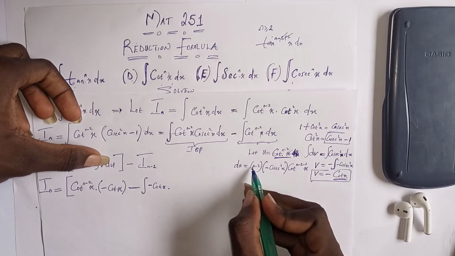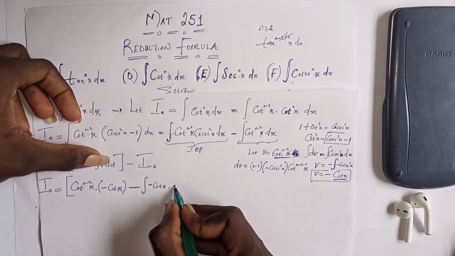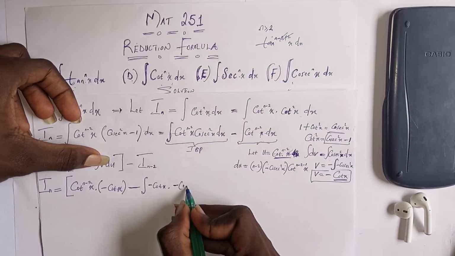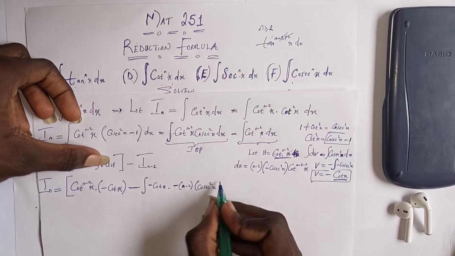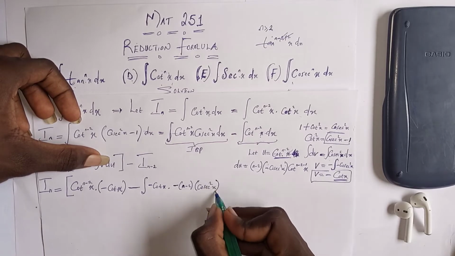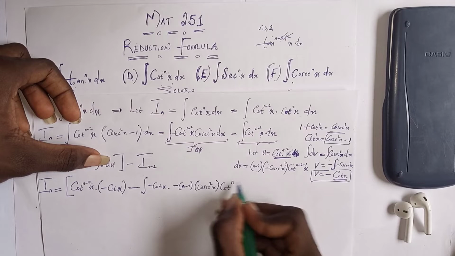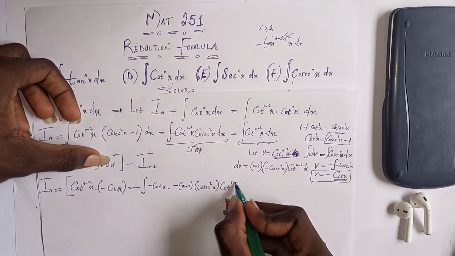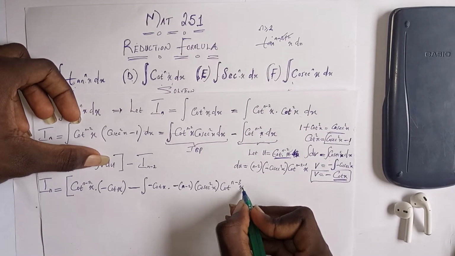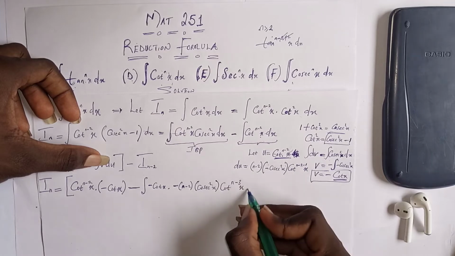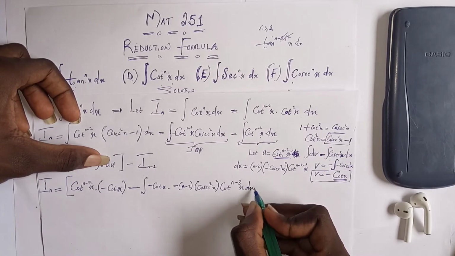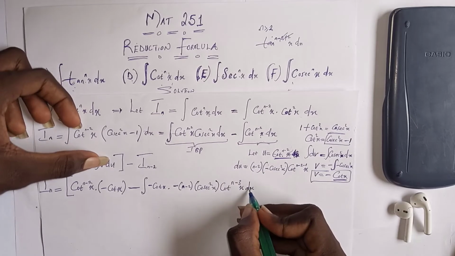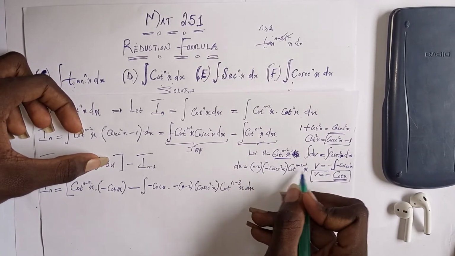The du I have here now is minus n minus 2 times cosec square x, times cot of n minus 2 minus 1, that's n minus 3, of x. Remember, it is du over dx. When you multiply by dx, you have all this expression on the right hand side times dx.